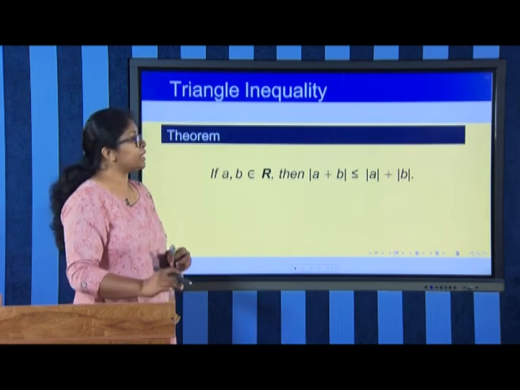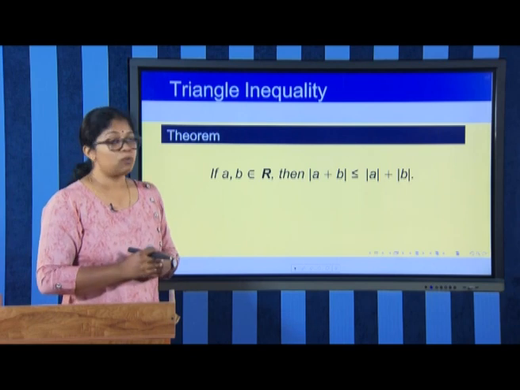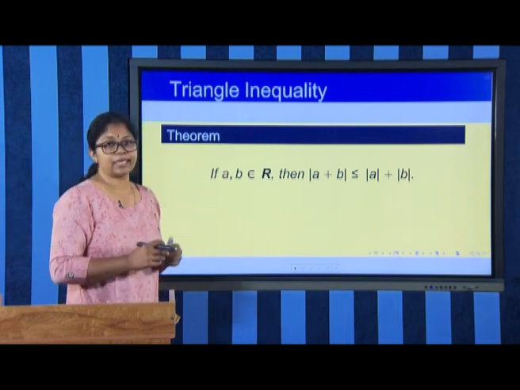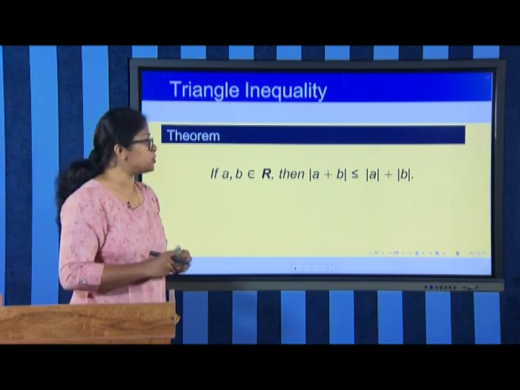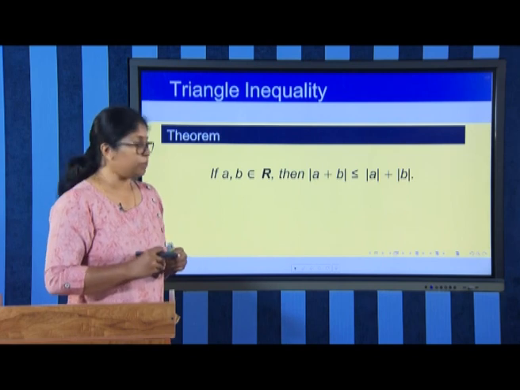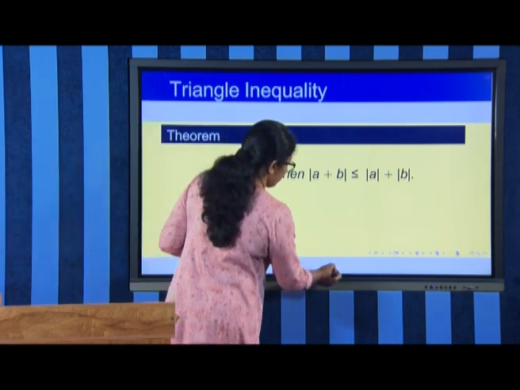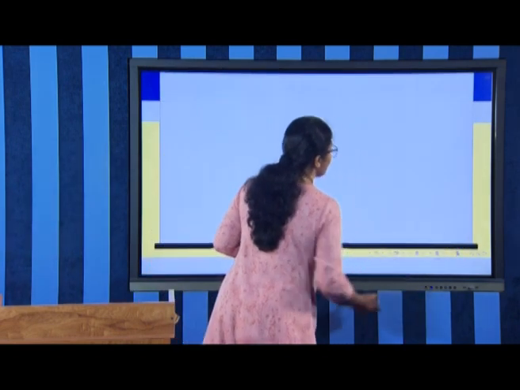Now, we shall look at the next important theorem, which is known as the triangle inequality, which states that if a and b are both real numbers, then modulus of a plus b is less than or equal to mod a plus mod b. So, let us start this proof with the previous theorem.